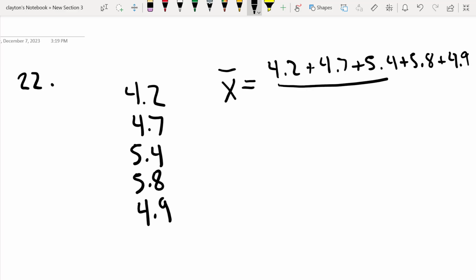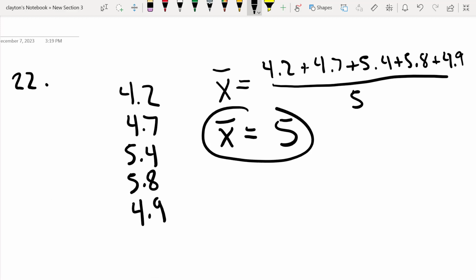It looks like we have 5, all divided by 5. I'm going to do this in the calculator. It looks like we have a nice number of 5. So x bar is equal to 5.